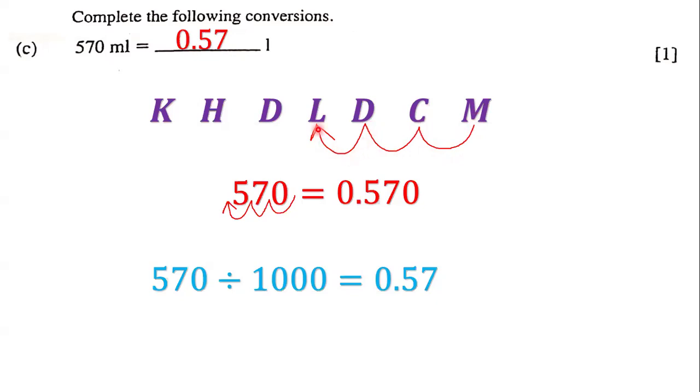So since we move over 3 times, we have to use 1,000. But if we move over twice, then we'd have to use 100, right? So hopefully that helps. When we move over 3 times, we divide by 1,000. But if we move over twice, we divide by 100. And if we move over once, then we divide by 10. That makes sense? Yes, sir. Okay, good.